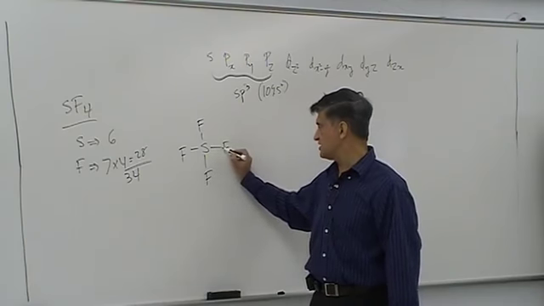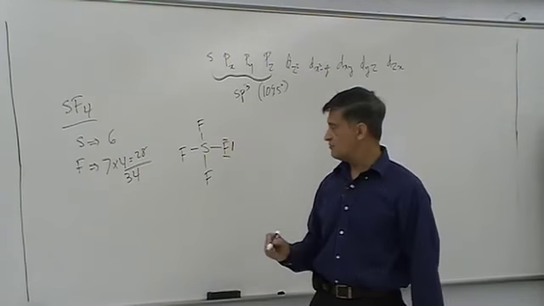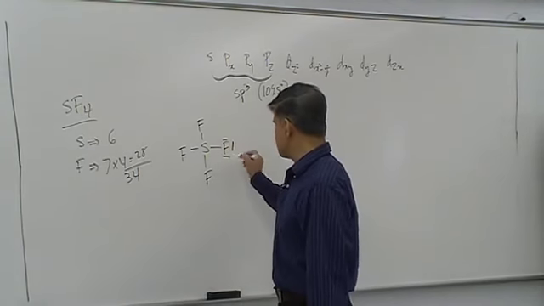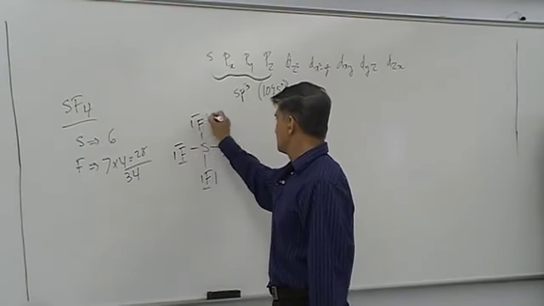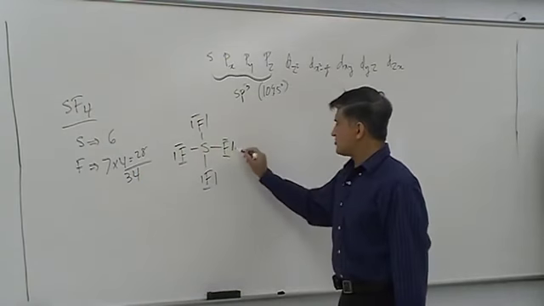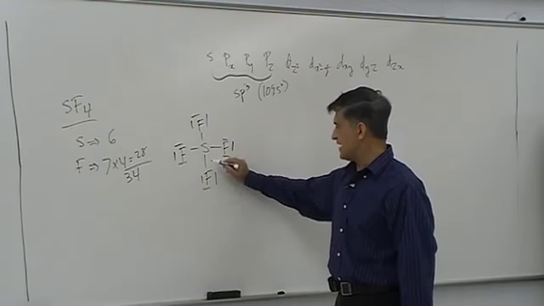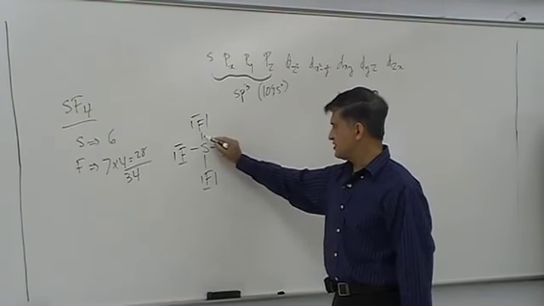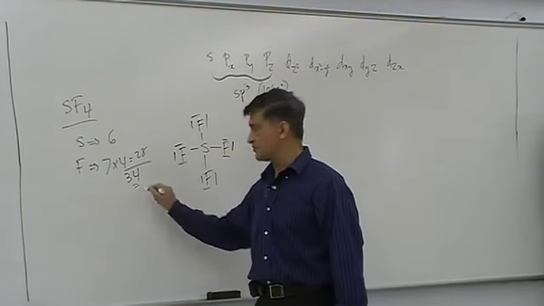I already have 2 here, then 4, 6, 8. Each line represents a pair of electrons. So 2, 4, 6. So now I have 8 electrons around each fluorine. Now let's count again. 8, 8, 16, 24, 32. So I already assigned 32 out of 34 electrons.